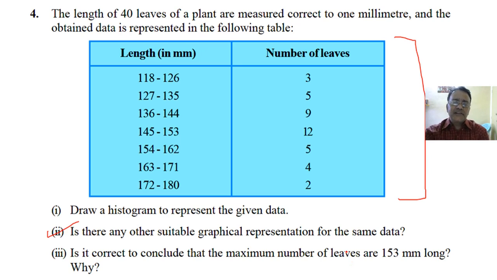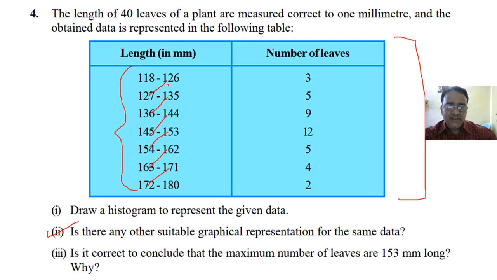So what will be our first step here? See the class interval, whether it is continuous or not. Inclusive. Yes, sir. Correct. For continuous, what do we have to check? The upper limit of a class should be the same as the lower limit of the next class, whether it is continuous. Is it the same number? No, sir.